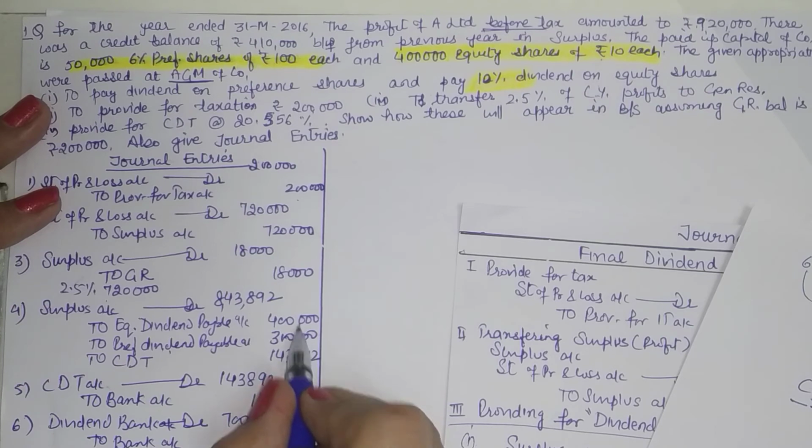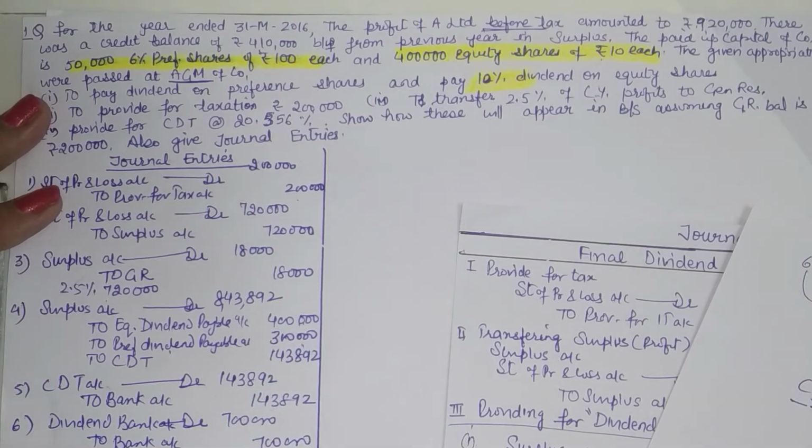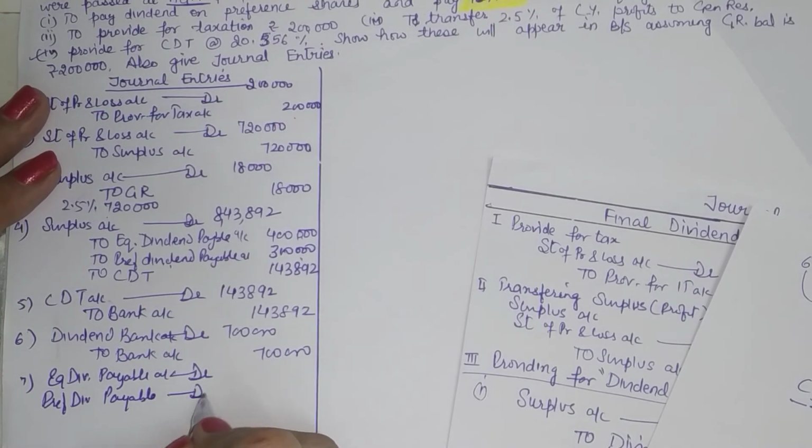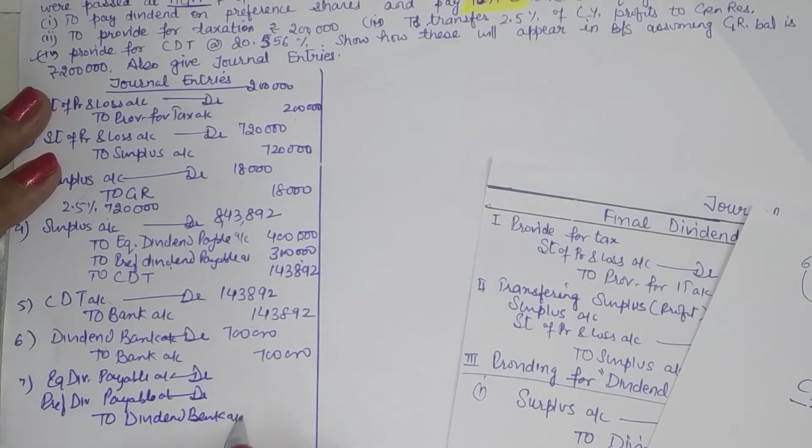Now you will pay this dividend of 7 lakh. So equity dividend payable account debit, preference dividend payable account debit to dividend bank account, because this dividend is to be paid as per law through a separate account.